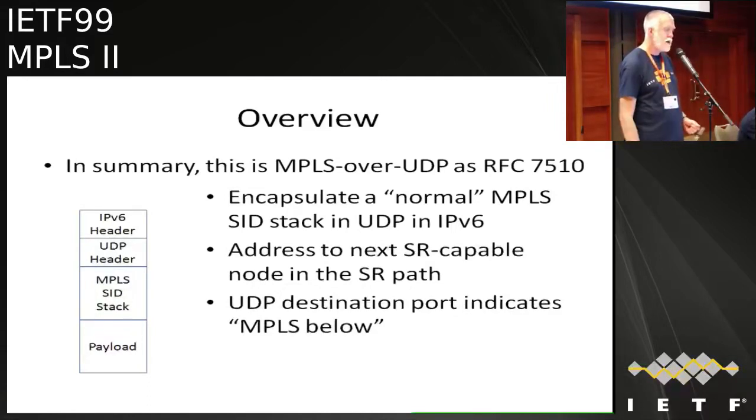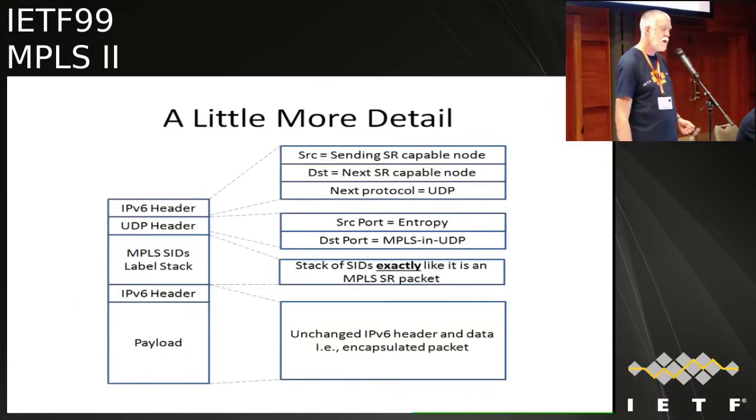So in a little more detail, you see from the bottom upwards, the payload is entirely unchanged. You just pick up the payload and drop it underneath an MPLS SID stack, just like if you were doing MPLS SR. And you drop that itself into a UDP header, just like you were doing 7510.